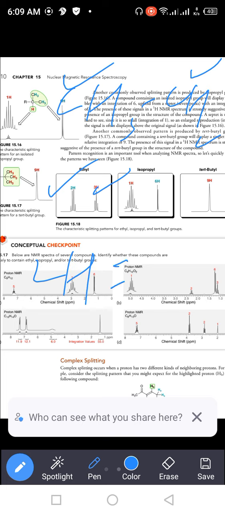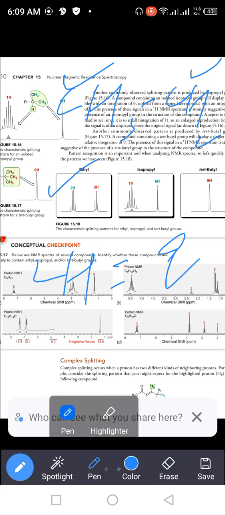the 2 protons have a multiplicity of quartet. Why quartet? This pattern is observed because the 2 protons have 3 protons, the CH3, as neighbors in the vicinity of CH2.